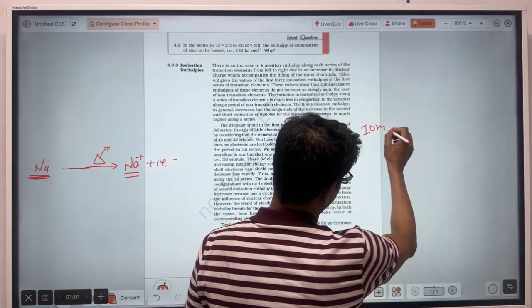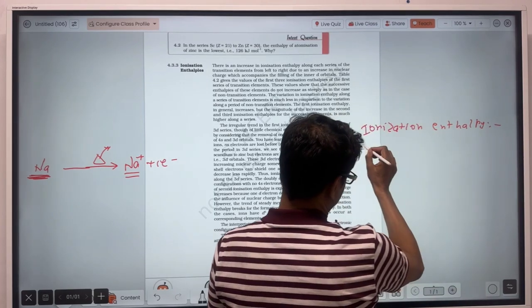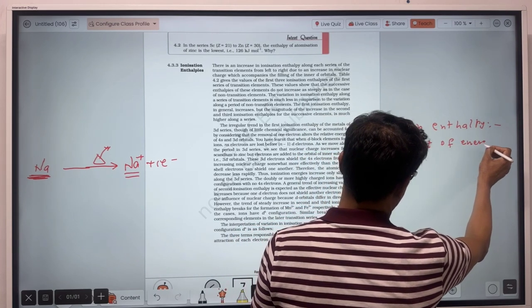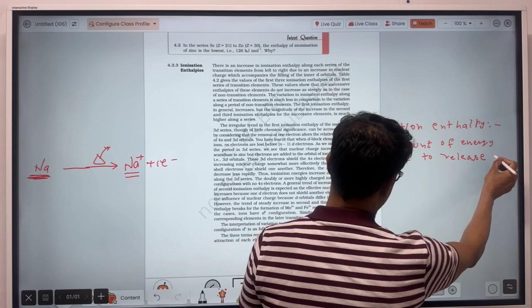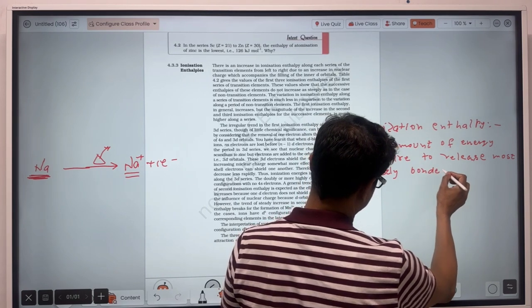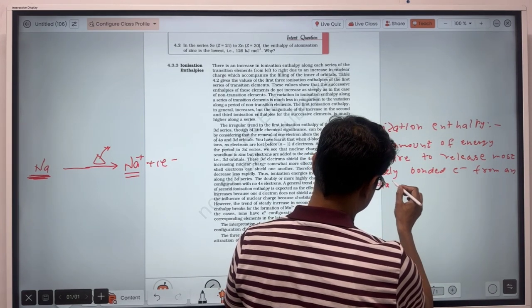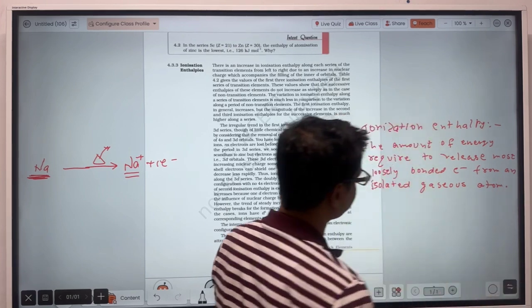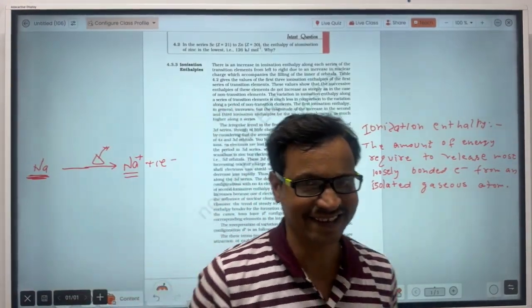So ionization enthalpy is the amount of energy required to release the most loosely bonded electron from an isolated gaseous atom.